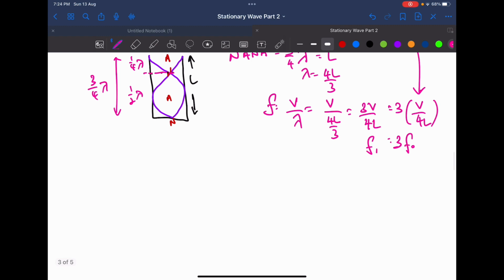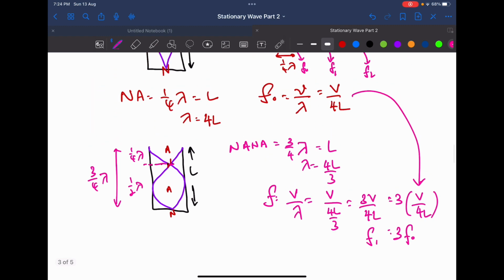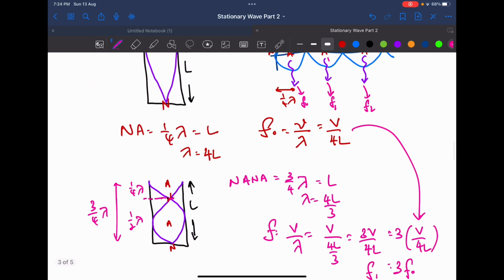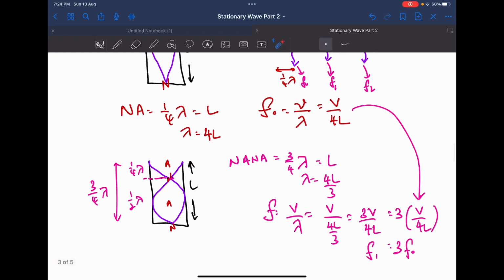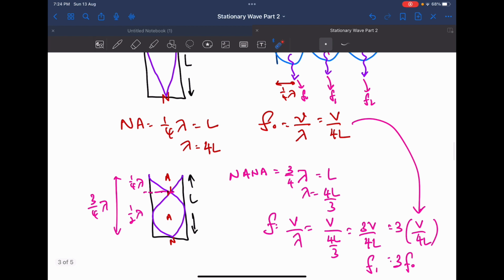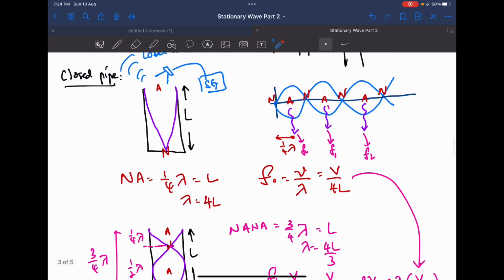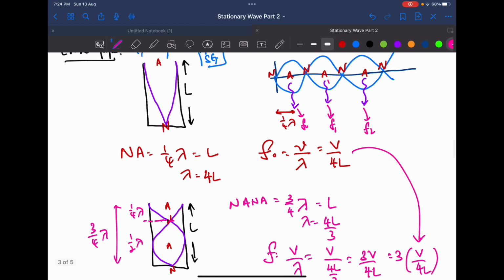So if you further analyze, what do you think? To find out what is F2 in terms of F0, we can use this particular diagram. Let's see how to do it.